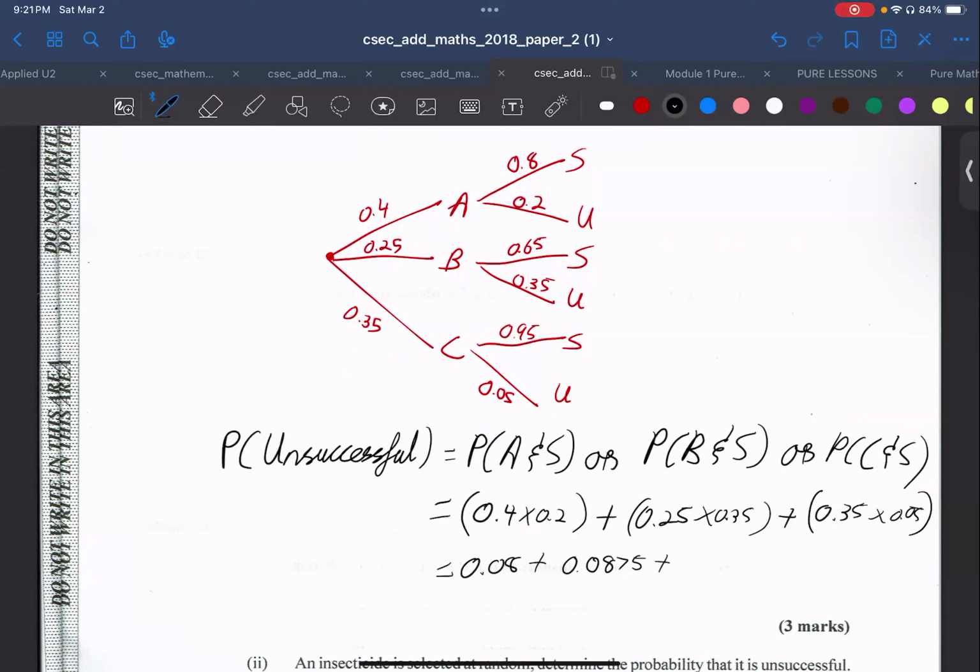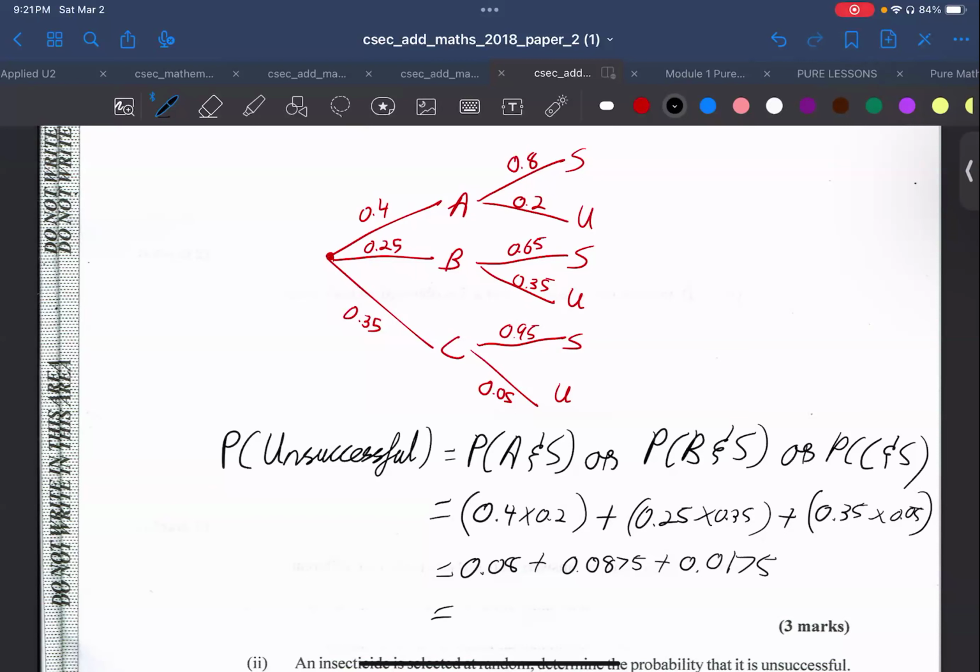And then 0.35 by 0.05 would be 0.0175, right?